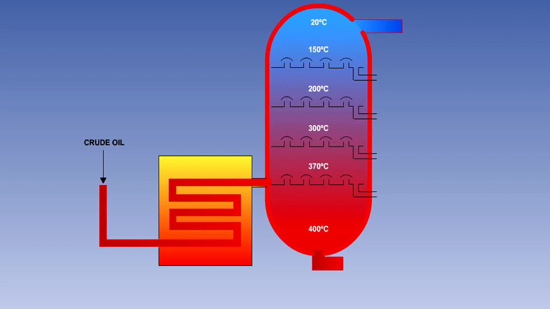In simple terms, the required fuel is extracted from the crude oil by a distillation process. The oil is boiled in a furnace, and then the oil vapor is cooled in a distillation column. The various hydrocarbons in the oil all have different boiling points, so they condense out of the vapor and are tapped off at different points in the column.